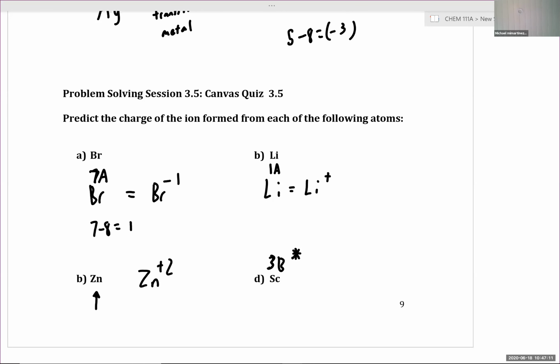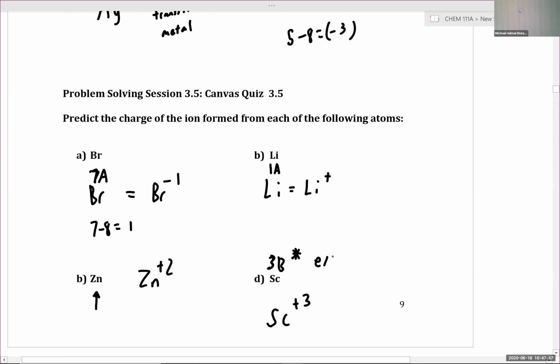In general, for transition metals, you just have to figure out the charge by looking at the formula for the compound that the transition metal is a part of. But for early stage, such as 3B transition metals, they overwhelmingly also adopt a charge equal to the group number. So scandium will overwhelmingly form scandium 3+.